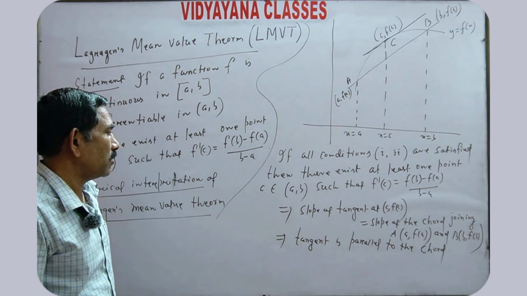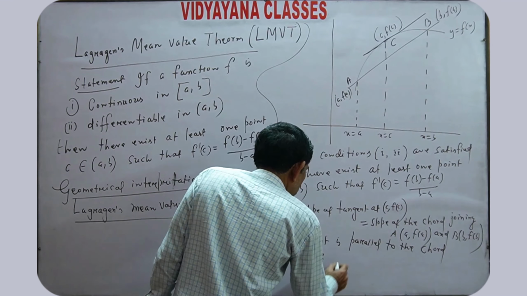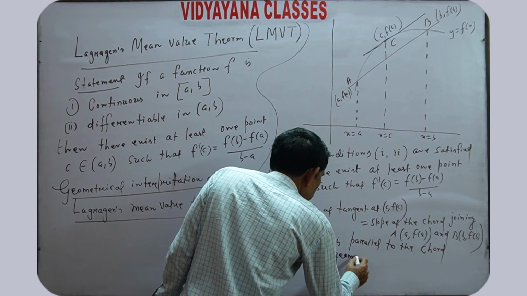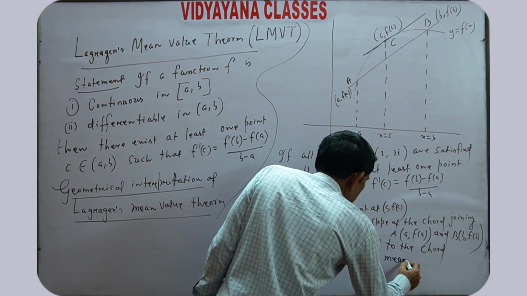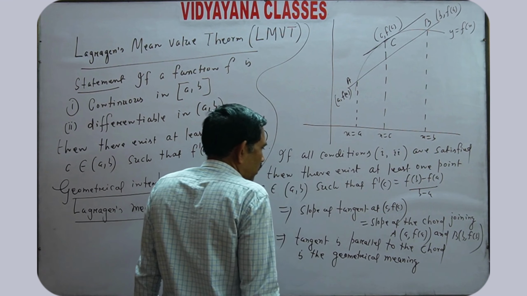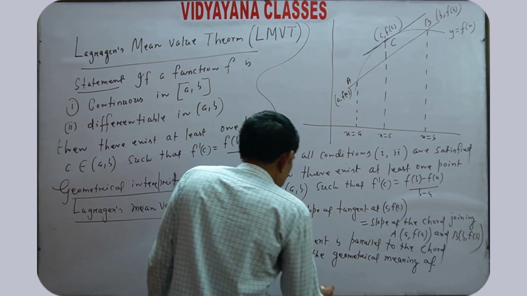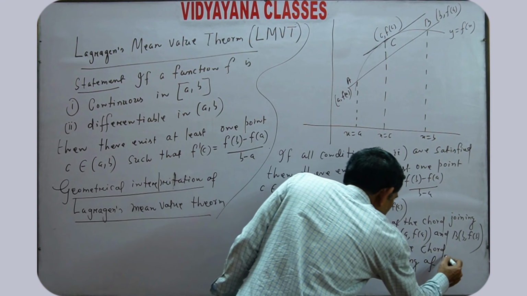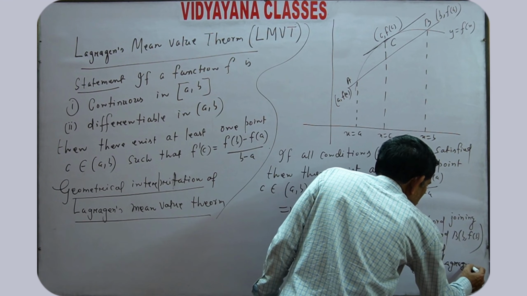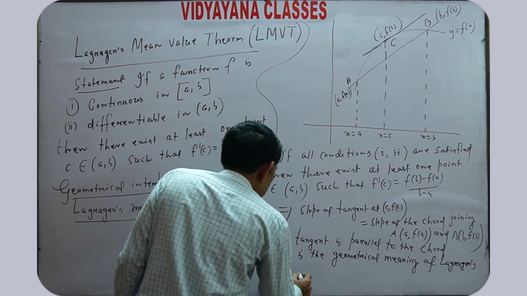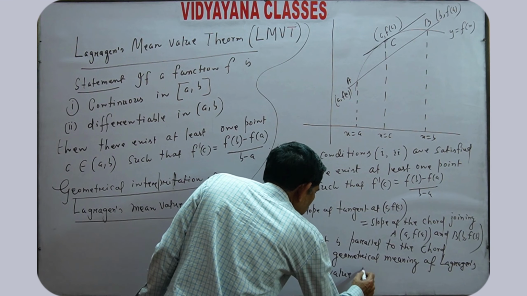Tangent is parallel to the chord is the geometrical meaning or geometrical significance of Lagrange's mean value theorem.